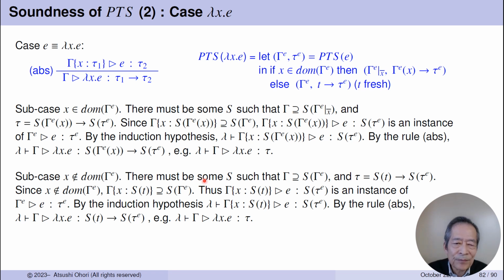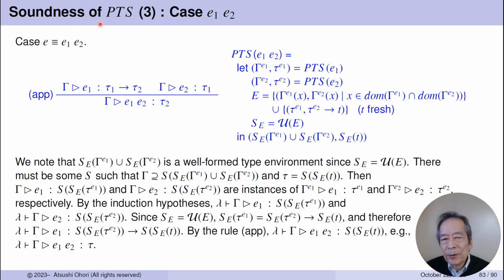So we have done both subcases, and therefore this case is proved. The soundness proof of the PTS algorithm for the case of application. So these are comments as before, right?